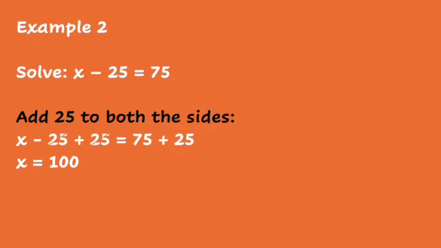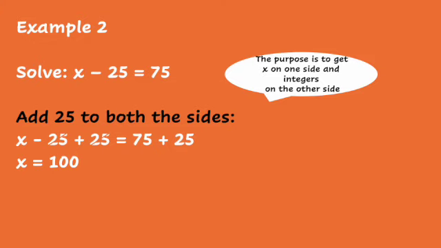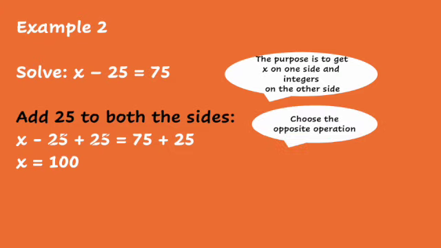In our next example, we have x minus 25 equal to 75. We need to find the value of x that satisfies the equation. Here again the purpose is to get x on one side and integers on the other side. You can notice 25 is being subtracted from x, so we need to choose the opposite operation.